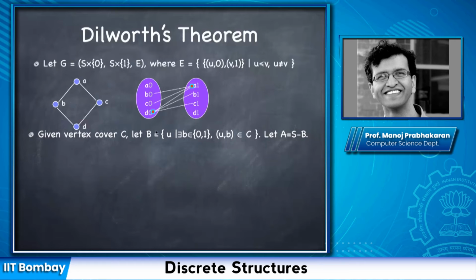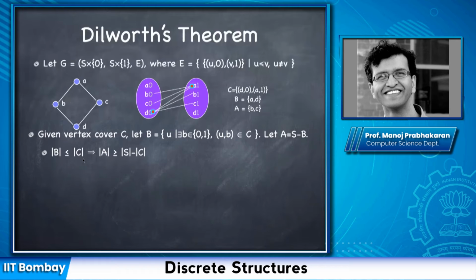So I'll drop the distinction between the left copy and the right copy of each element in S, and just collect all the elements: whether U0 or U1 occurs in C, I will collect it into my set B. Okay, so in this example, C was D0 and A1, so B is just going to be D and A. If D0 and D1 were to appear in C, there will be only one copy of D in B. So B is obtained by ignoring the distinction between the left nodes and the right nodes, treating them just as elements in S. So B is a subset of S. I'll also define A, which is all the elements in S which are not in B, so the complement of B. Okay. So it is this A that I'll be interested in.